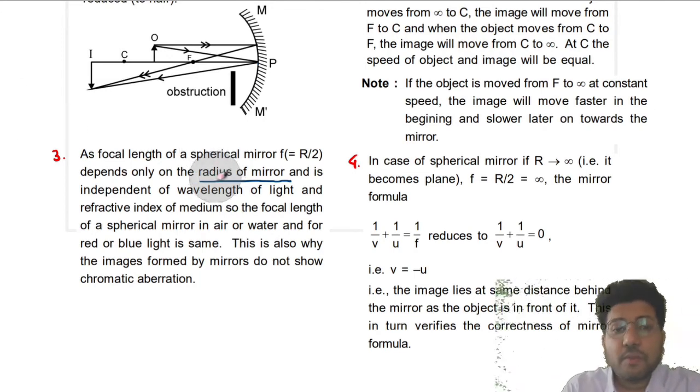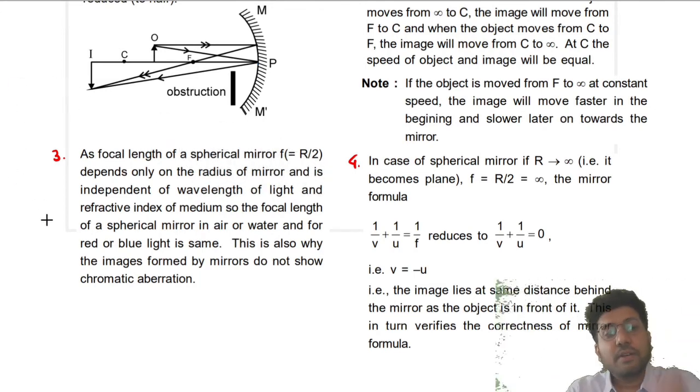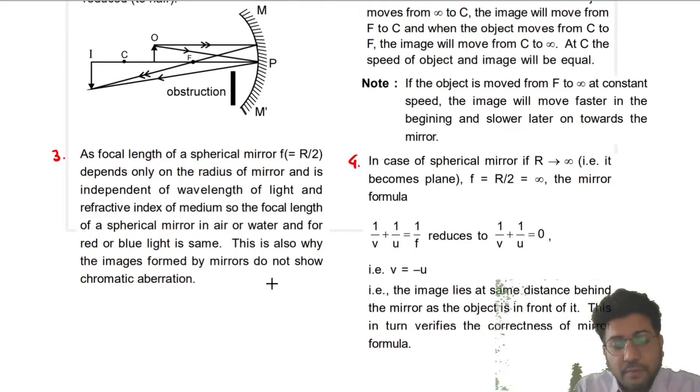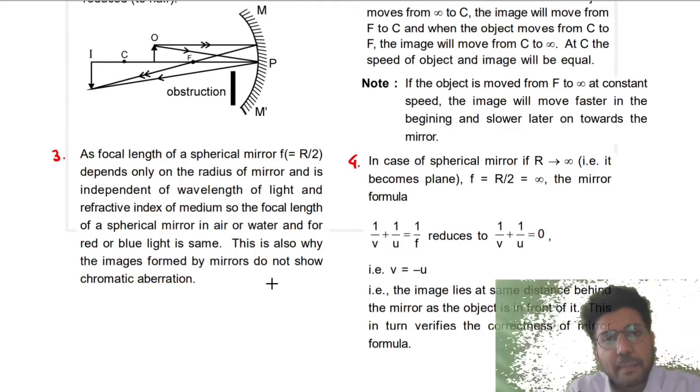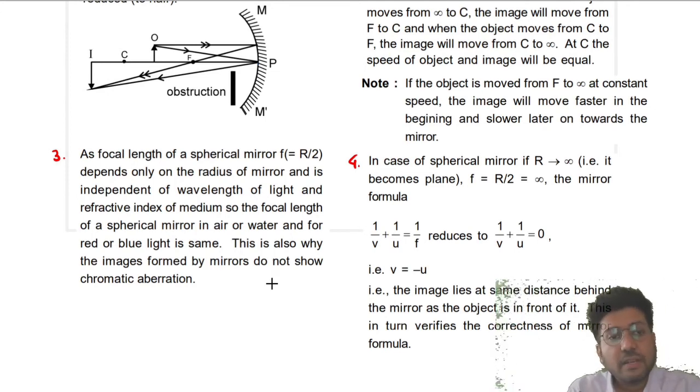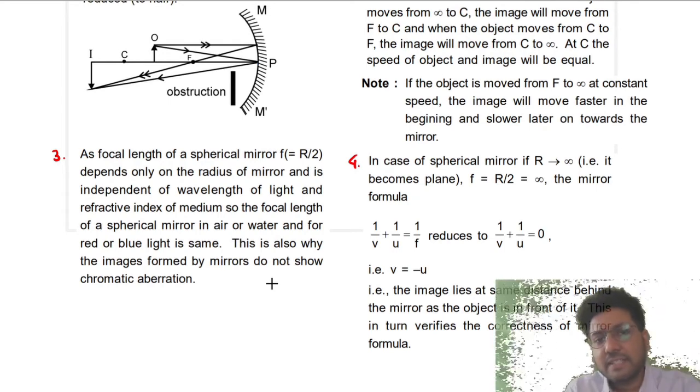Lens shows chromatic aberration because the refractive index of different colors is different for the same medium, and also when a lens is taken to a different medium, say it is put inside water, its focus changes, but that does not happen for a mirror. How it happens in a lens, we will discuss later.